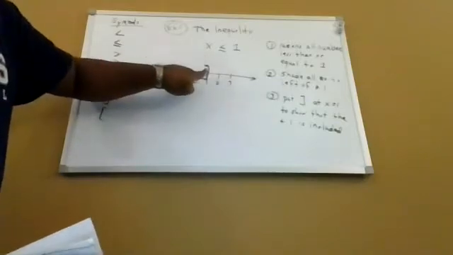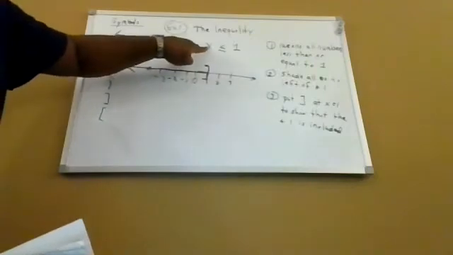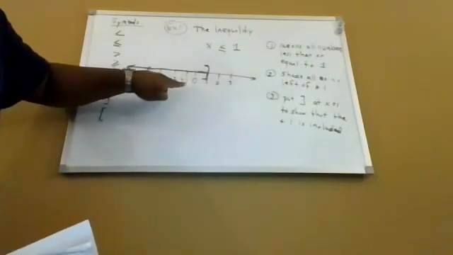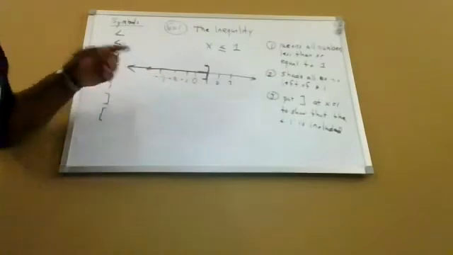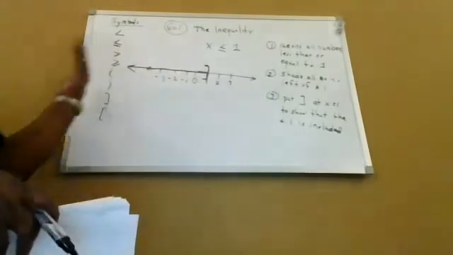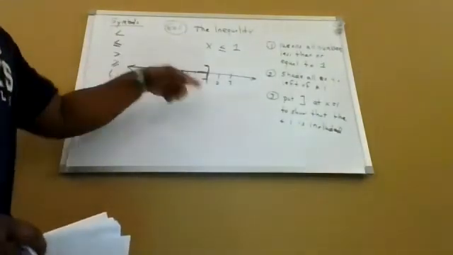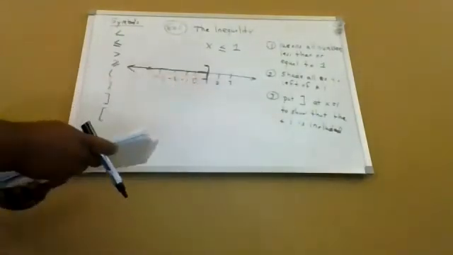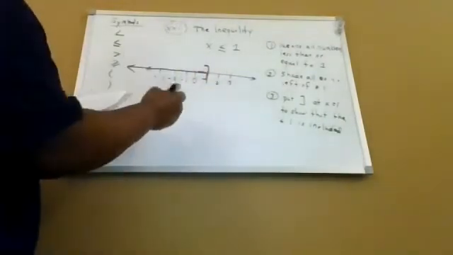Then we draw an arrow to the left to represent all of the values of x, like 0, -1, -2, -3, -4, -5, and so on, all the way to infinity. All those are values that are less than 1. Now, this is the graph representation.